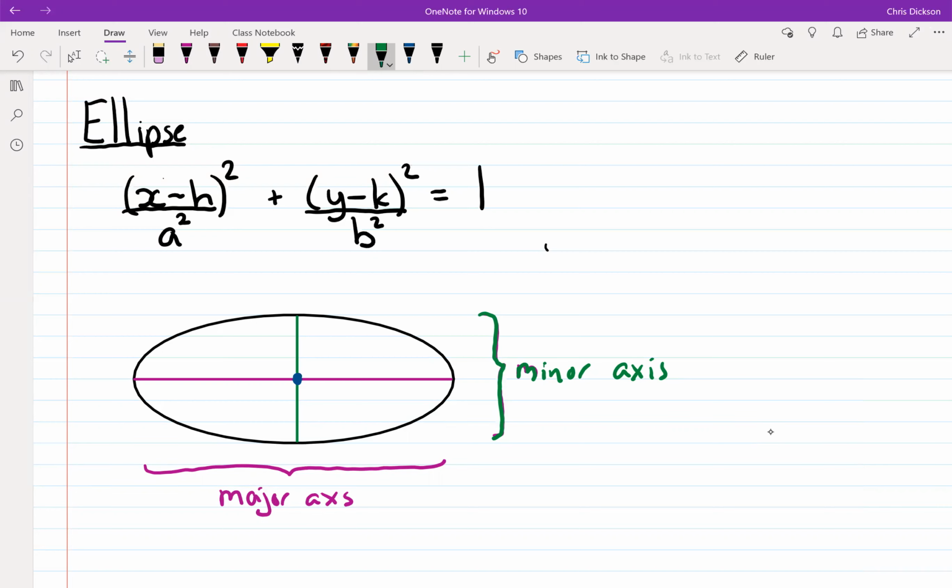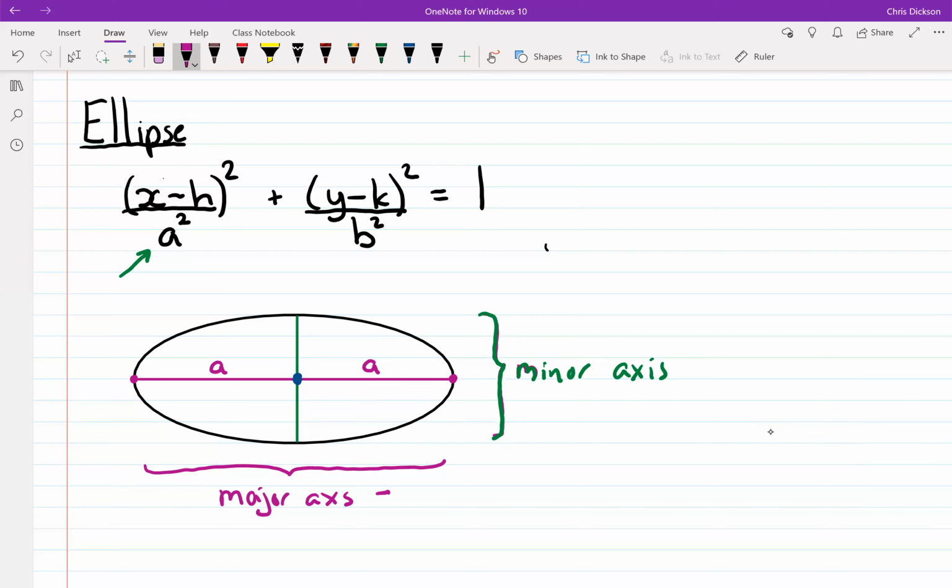And if the ellipse is longer in the x direction, then we'll always have the a term underneath the x term. The reason for that is that from the center to the end of the ellipse, this is the distance a, and over here is also the distance a.